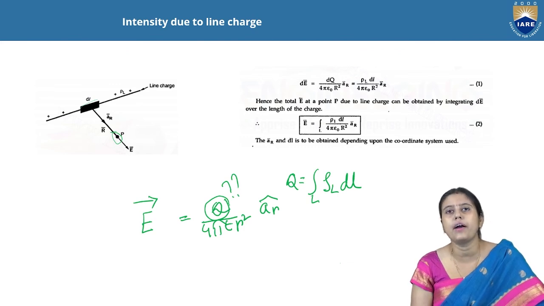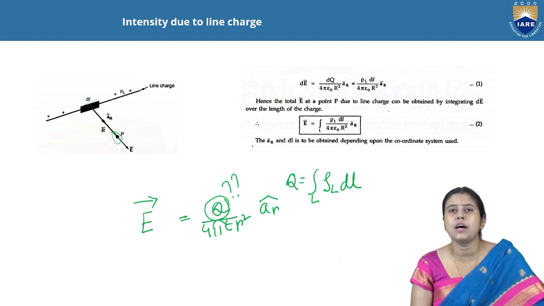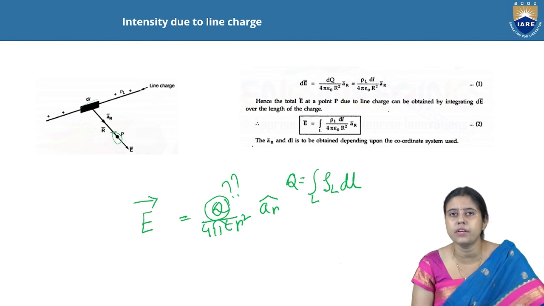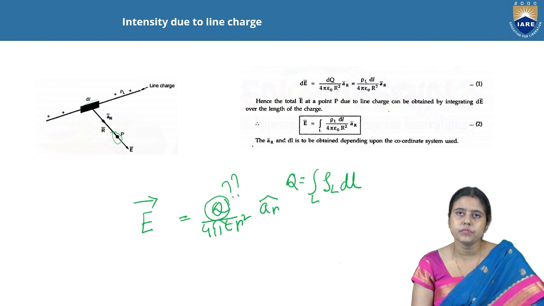Epsilon is nothing but the permittivity, and epsilon value is epsilon 0 epsilon r. Epsilon 0 is the permittivity of free space, and its value is 8.854 into 10 to the power minus 12. Epsilon r is the relative permittivity.